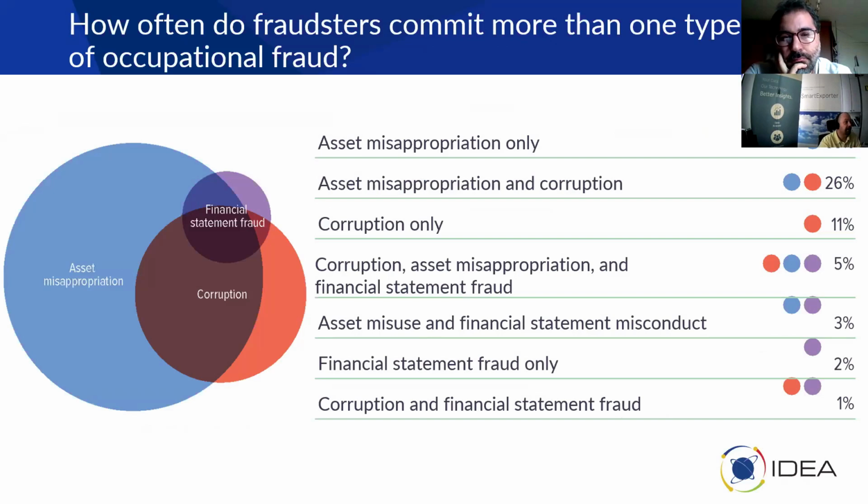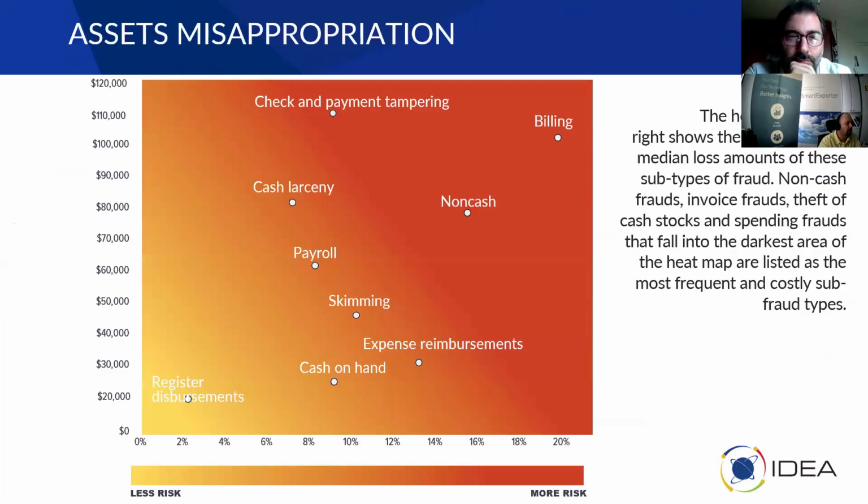Fraudsters cover more than one type of occupational fraud. And also, this is asset misappropriation. When you see the heat map on the right side, you can see billing, non-cash, and check and payment tampering happen especially.